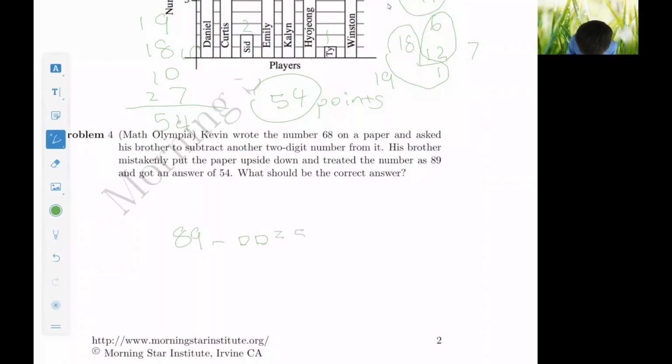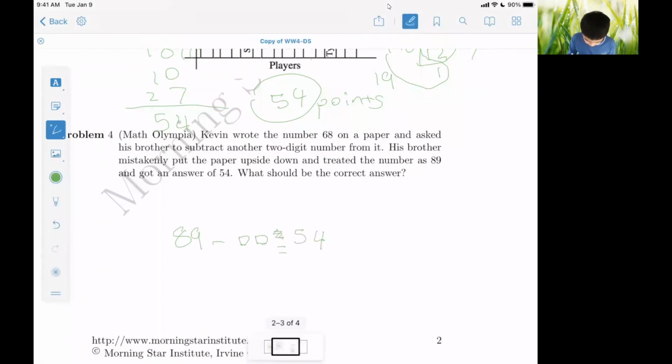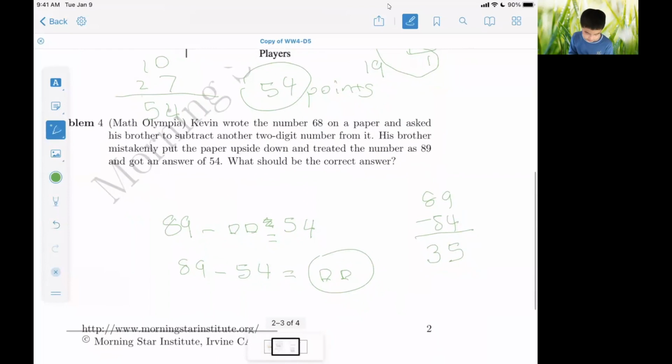The answer he got is 54. We could also write this as 89 minus 54 equals this two-digit number. 89 minus 54. 9 minus 4 equals 5. 8 minus 5 equals 3. So this two-digit number that Kevin asked his brother to subtract from 68 was 35.